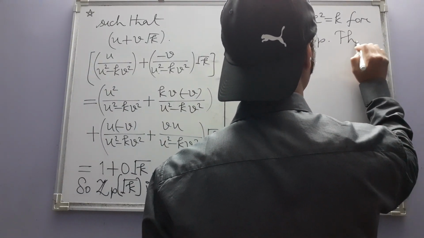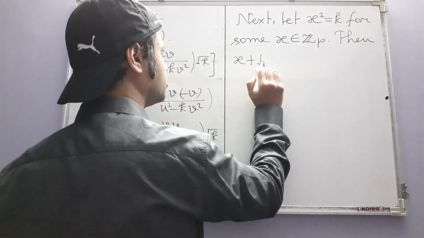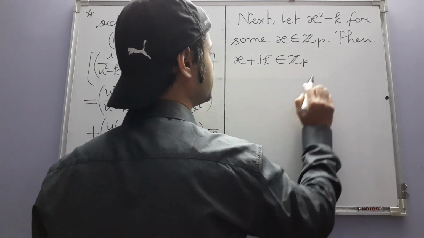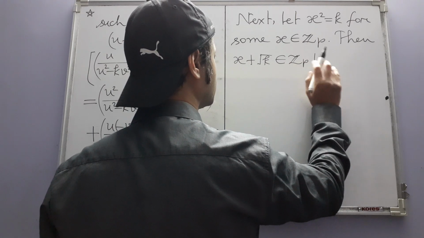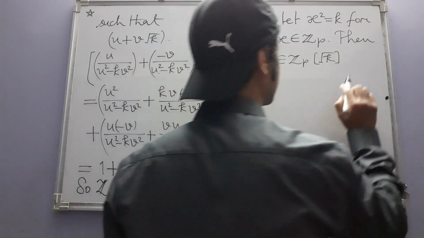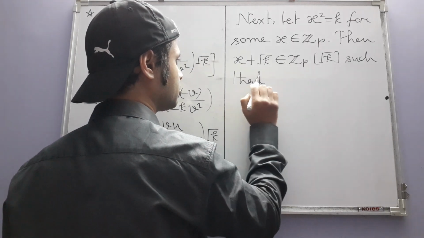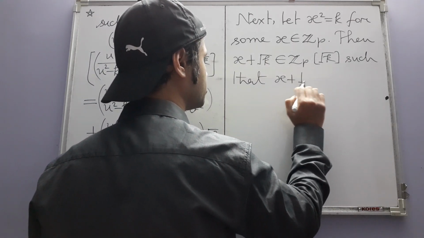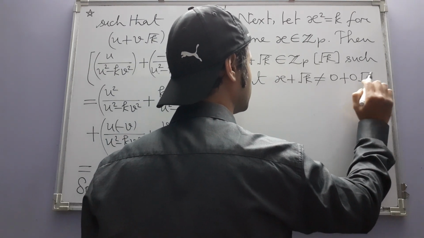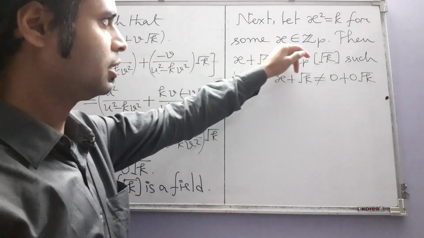Then x plus root k belongs to our set of symbols such that x plus root k is not equal to 0. Why is it non-zero? Do we know about x? We don't really know what x is.